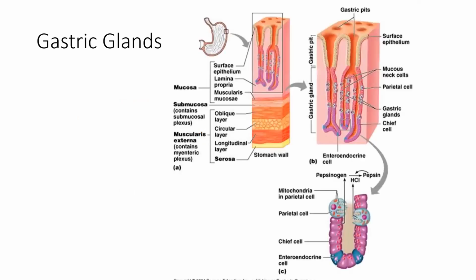Here's our pits right here. And within the pits, we have the mucus cells and the parietal cells and the gastric glands and the chief cells embedded in here. And they're going to release mucus, they're going to release hydrochloric acid and intrinsic factor, they're going to release pepsinogen, they're going to release gastrin, or they're going to be stem cells.